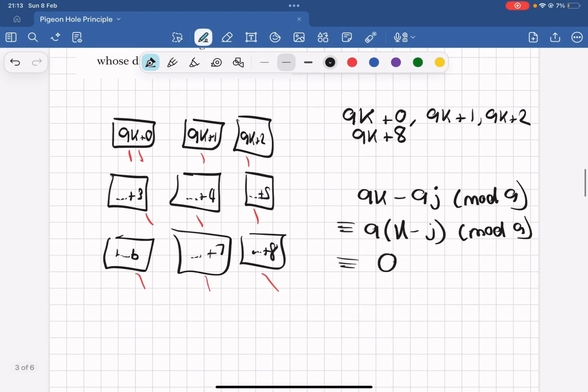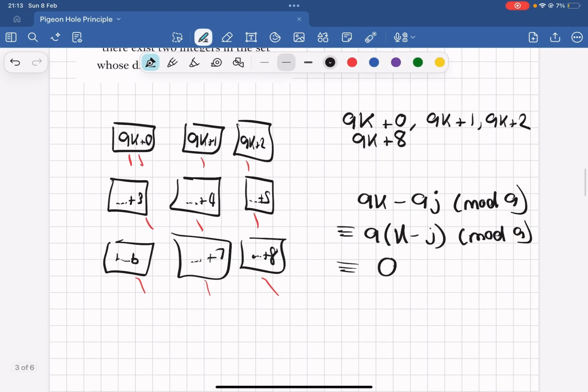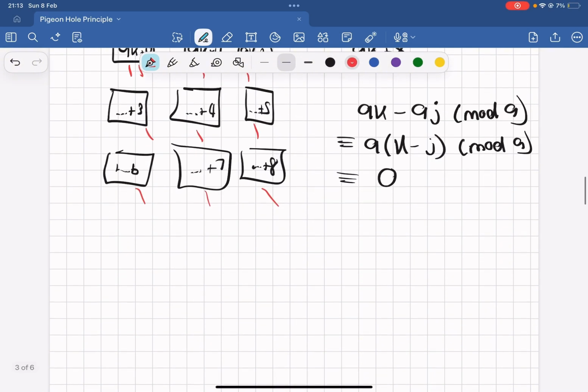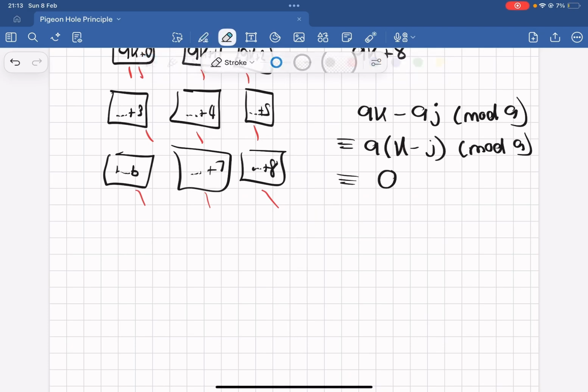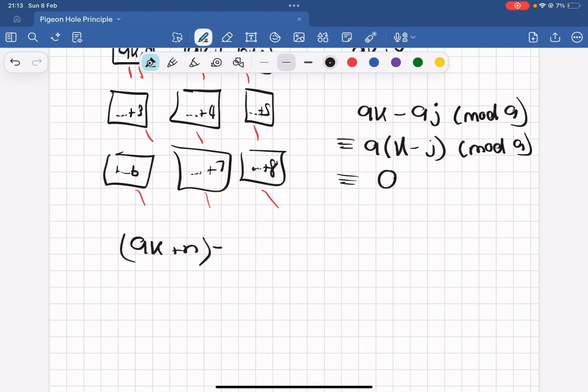Now, we've taken a very specific case. Let's move on to a more generic case, where we have 9k plus n and 9j plus n. So that can mean any one of these 9 boxes. So 9k plus n minus 9j plus n.